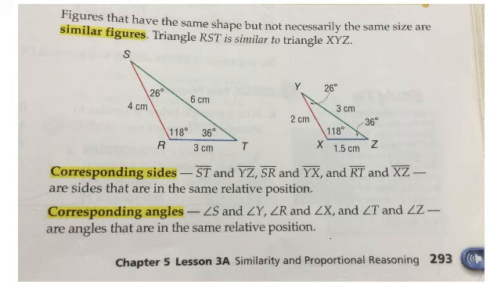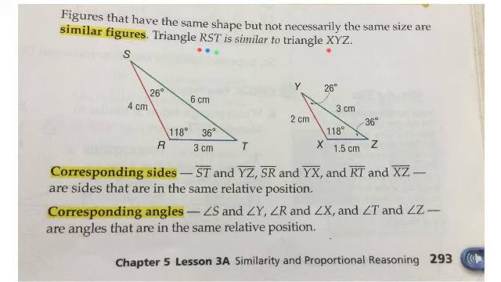But the point is, when you name a triangle, if I go from R to S to T, then when I talk about another triangle being similar, it goes in the same order. So R has to be in the same position as X because they're listed first. You see how angle R is 118 degrees?